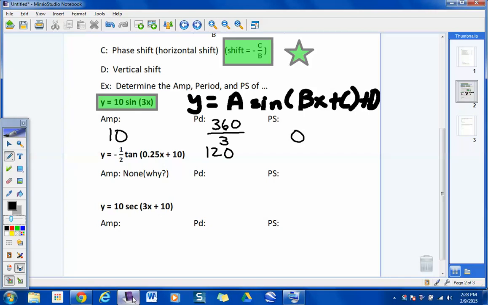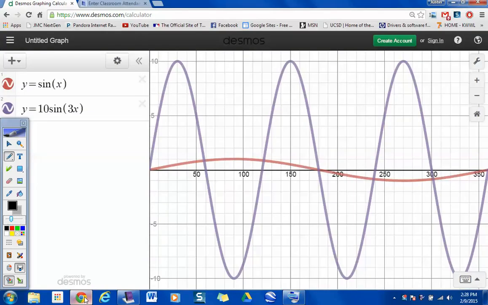Every 120, right? Take a look at this graph right here. Starts here, all the way up, all the way down. Do you guys agree that right here, this is where the pattern starts repeating itself again? How many degrees am I at right here?